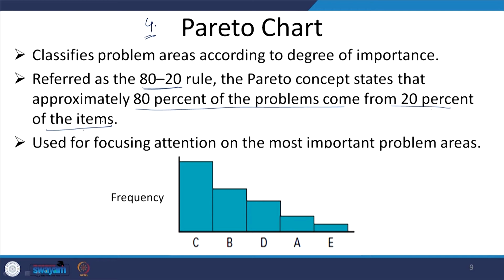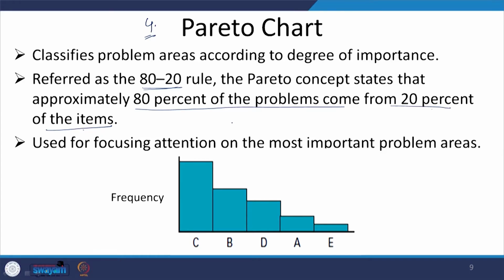So, you can say that in this world, there are 20% of activities which are driving 80% of the phenomena.